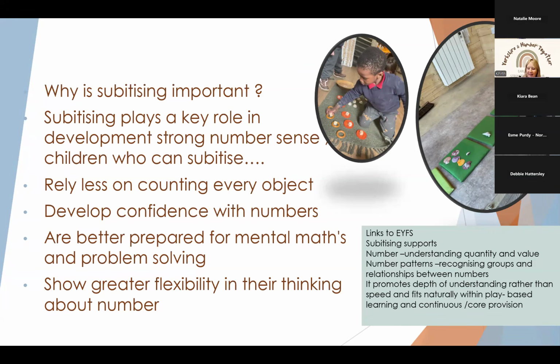And it promotes a depth of understanding rather than speed, and fits absolutely naturally within play-based learning and continuous core provision. That's a little key: the core provision, letting your children know that they have a space to return to, to develop their ever increasing skills.